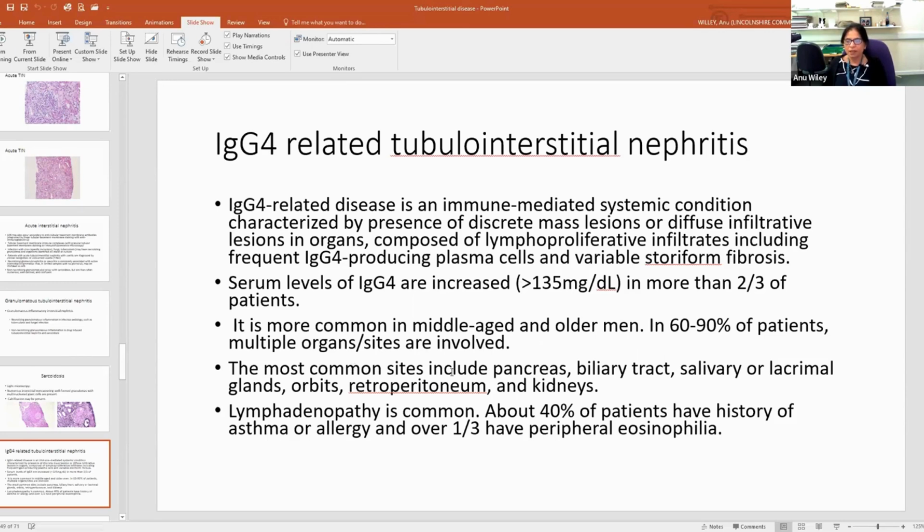Many organs can be involved: pancreas, pancreatic biliary tract, salivary glands, lacrimal glands, retroorbital, retroperitoneal, and obviously kidneys. These patients also present with lymphadenopathy, and 40% will have a history of an underlying allergic or asthmatic condition, and some will also have peripheral eosinophilia.